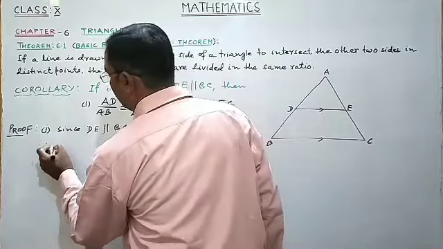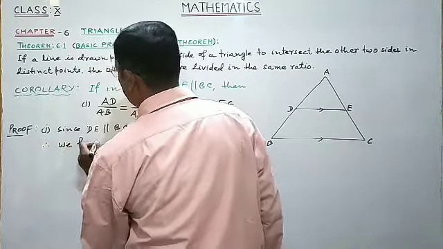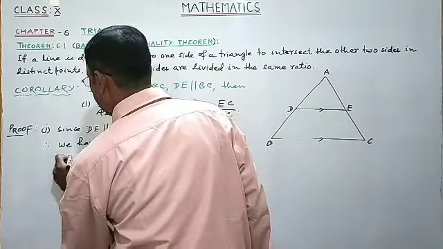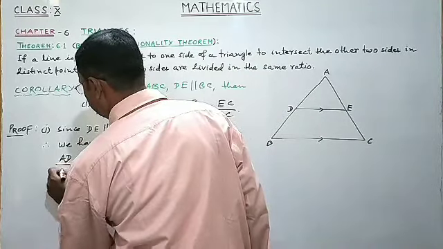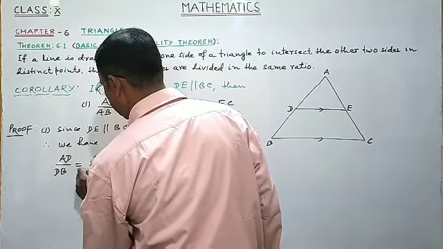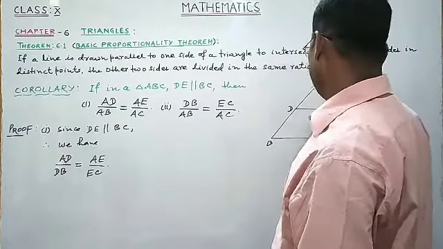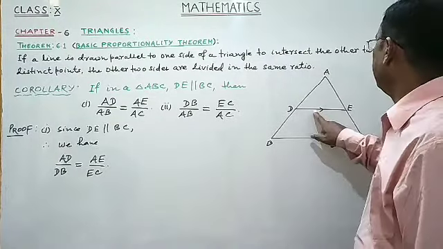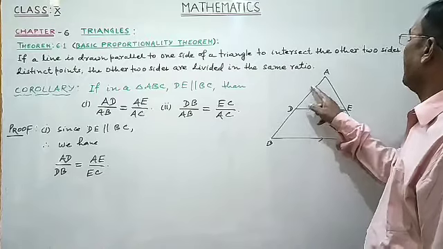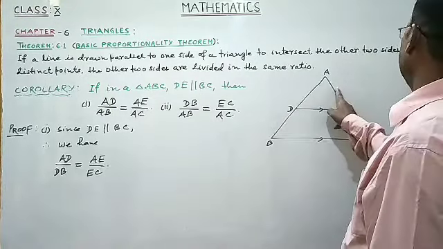Therefore, we have AD by DB equal to AE by EC. This we have written from the basic proportionality theorem that says if DE is parallel to BC, then AD by DB is equal to AE by EC.